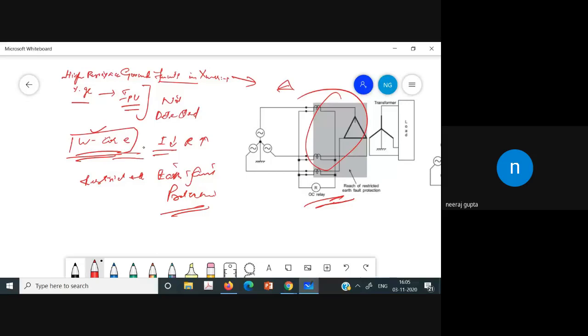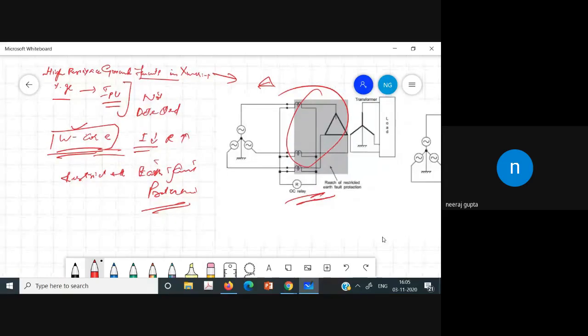Now, for the high resistance ground fault on the star side, there is a schematic for that.